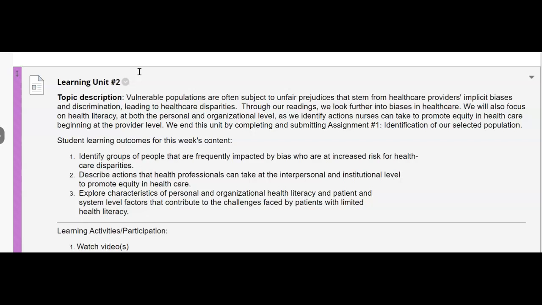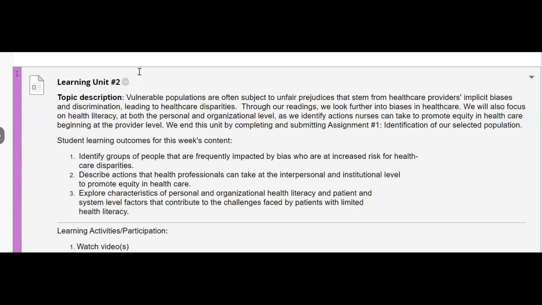And we're also going to look at health literacy at both the personal and organizational level as we identify actions that we as nurses can take to promote healthcare equity. And this is especially important as we focus on our vulnerable population.